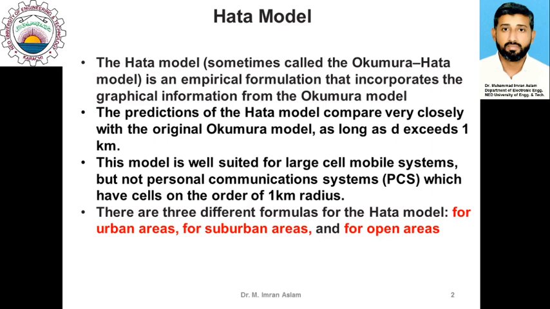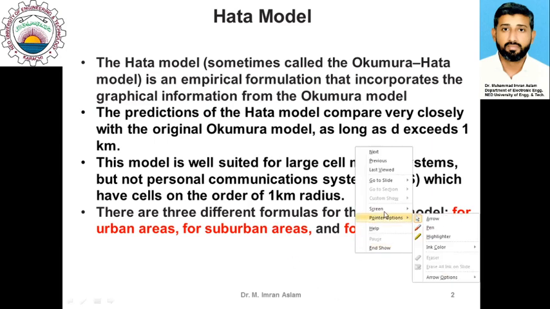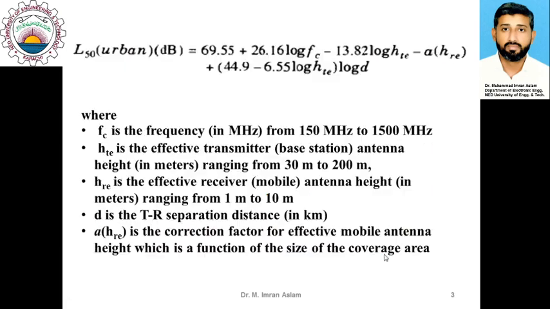For the Hata model, the environments were divided into three different categories: urban areas, suburban areas, and open areas. So there are formulations which we can use to calculate the path loss for these three types of environments. So let us move on.